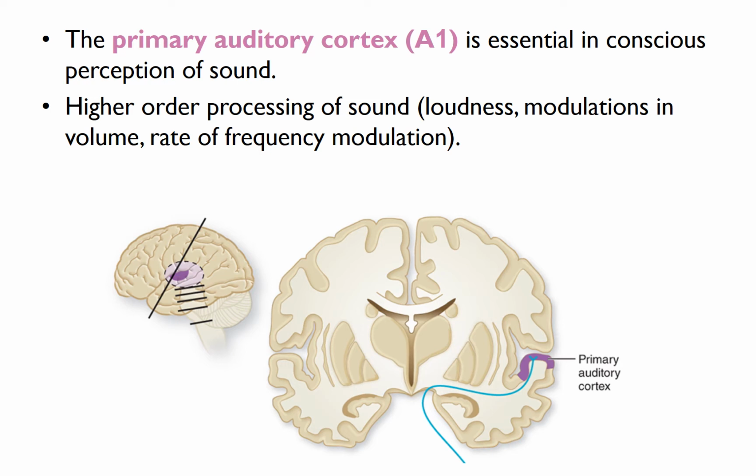Similar to the other primary sensory cortices, this one, while essential in the perception of sound, is really more about the lowest order processing of sound from a more crude perspective. So this is more about loudness, volume, rates of frequency, things like that, compared to the higher level executive processing of sound, which is what the secondary auditory cortex does. And that's what we're going to look at next.